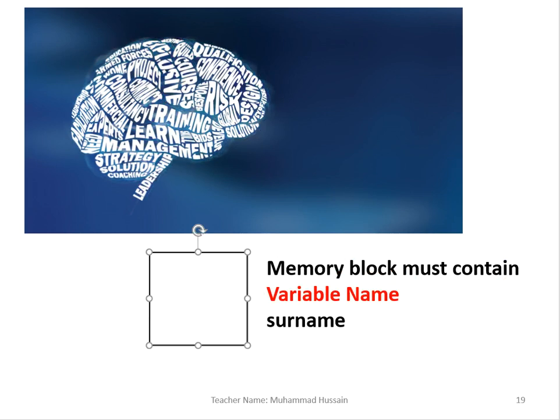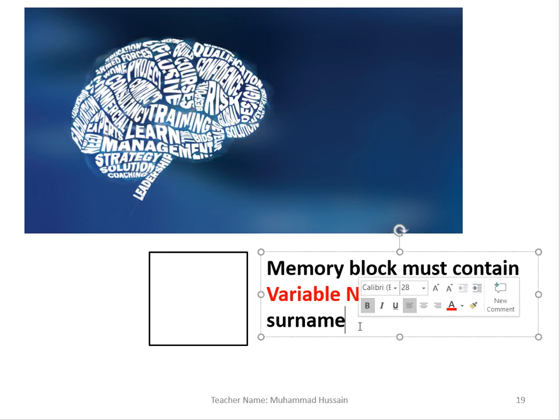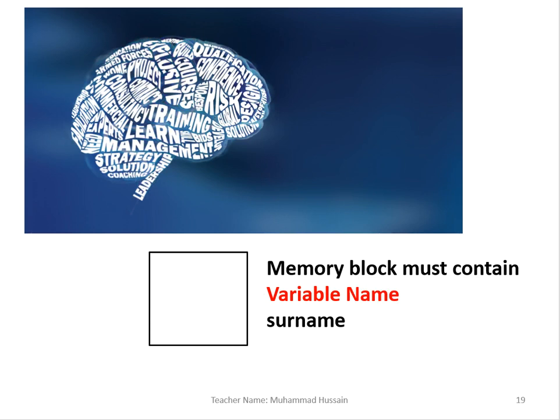If you are Mammon Pirzada, this is called the information, or the value, which is surely Mammon Pirzada or anything. If I ask you your surname, this surname is a block name, and the information in it you can call a value.